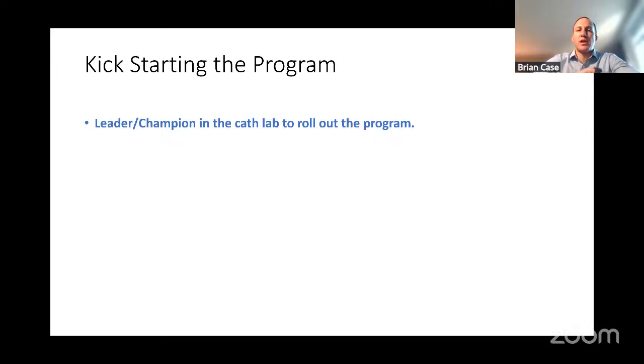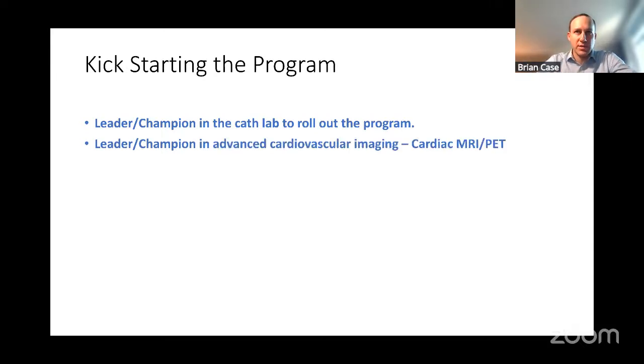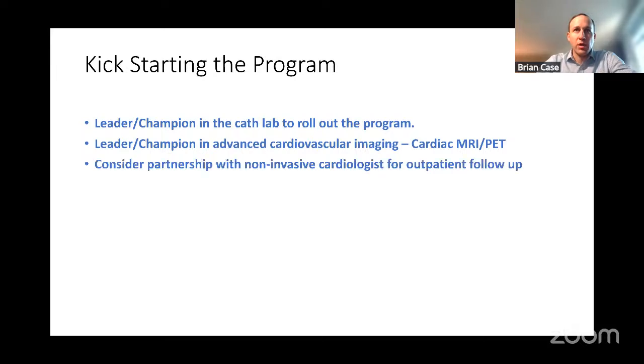And then lastly, Abbott has a lot of educational programs that you can get a part of to really get up to speed and become an expert at performing coronary functional testing. You want to have a good relationship with your advanced cardiovascular imaging folks, and then also with a non-invasive cardiologist for follow-up.